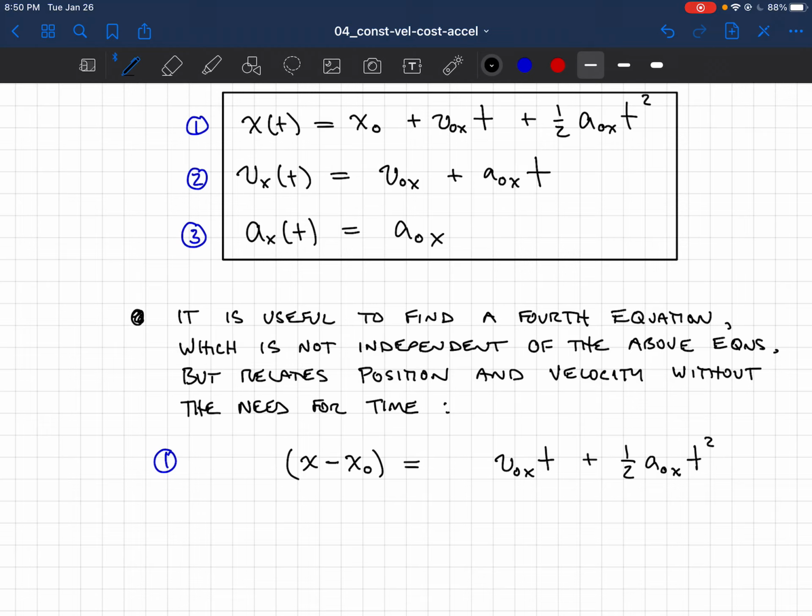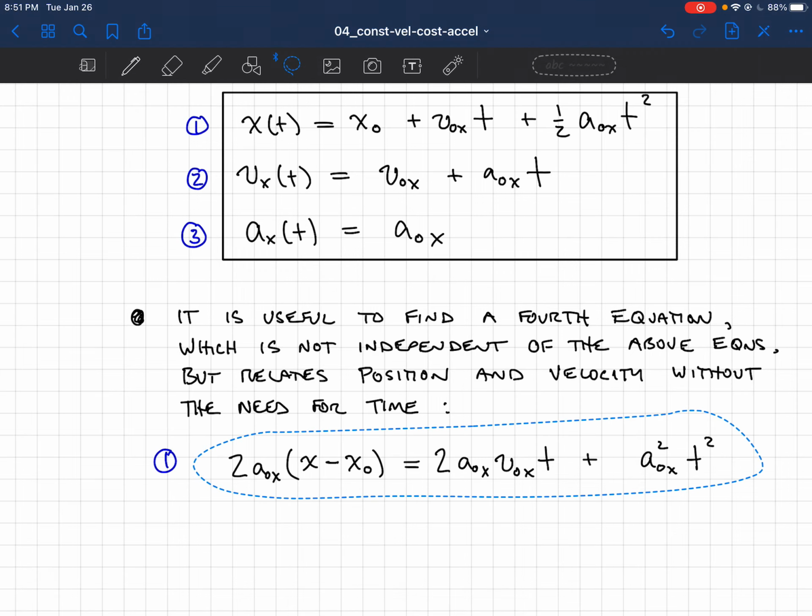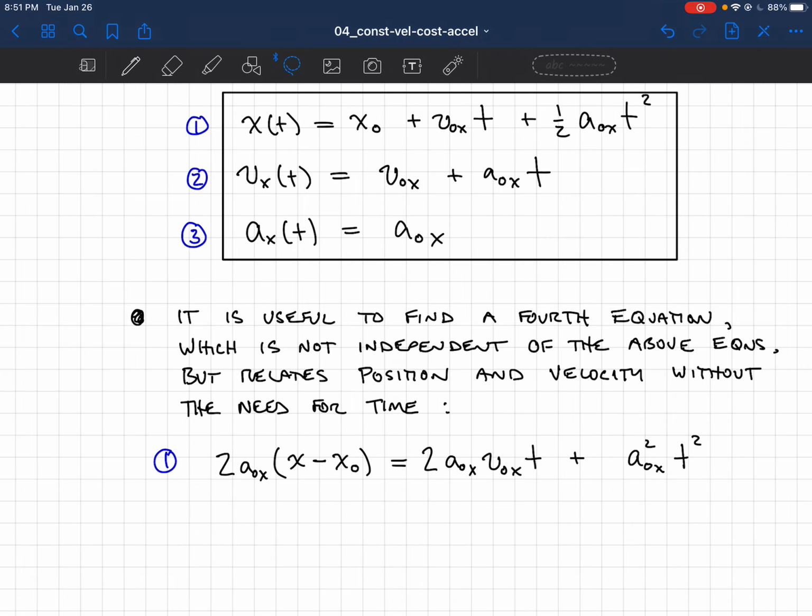But now I'm going to multiply through by 2 a0x, and we'll see why we do that in a moment. So that becomes 2 a0x times that. And this becomes just a0x squared, since the 2 cancels the half, and the a0 becomes squared. So this equation is the same as equation 1. I've just rearranged it and then multiplied by 2a0.